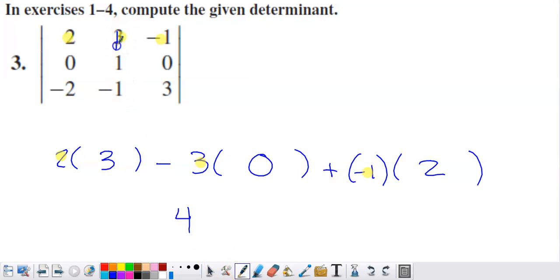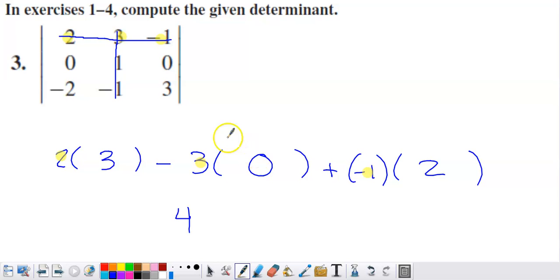Maybe I can actually physically do that and then get rid of it in a moment when we need it again. So multiply the major diagonal. So these are both crossed out. Multiply the major diagonal, we get 0. Subtract off what we get when we multiply the minor diagonal, which is also 0.